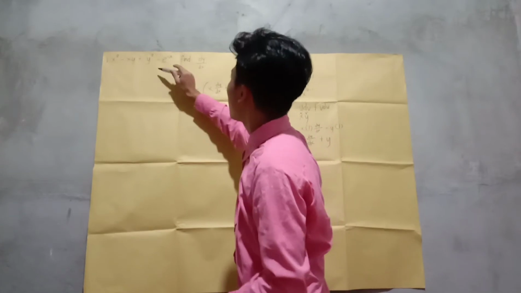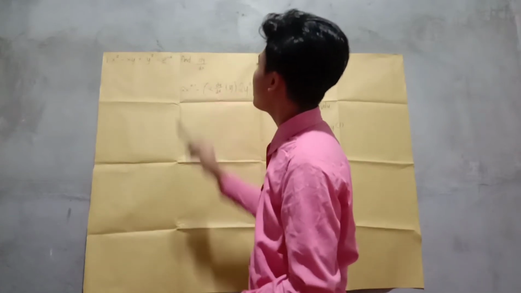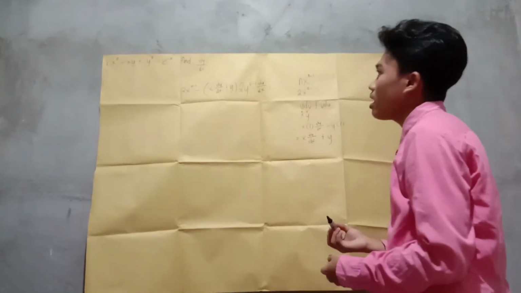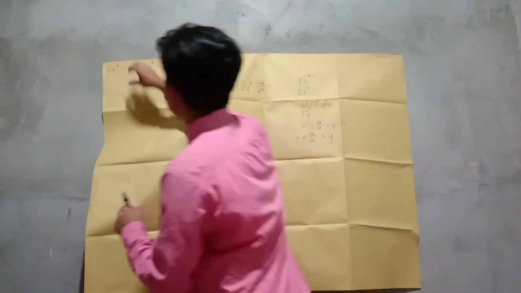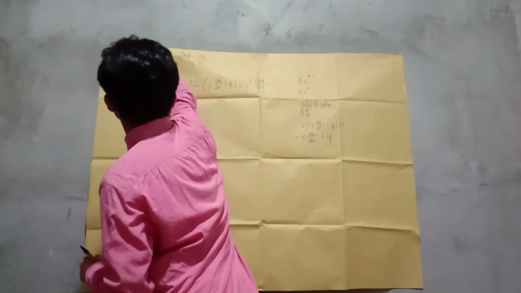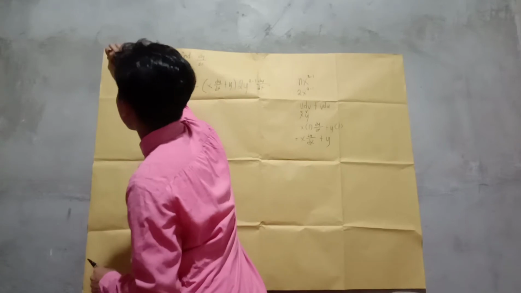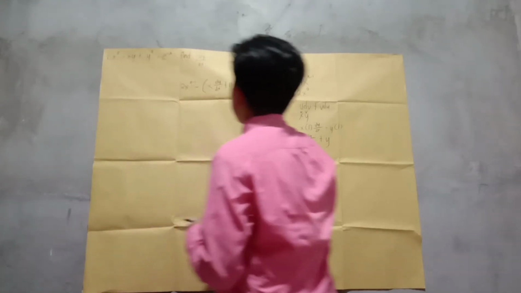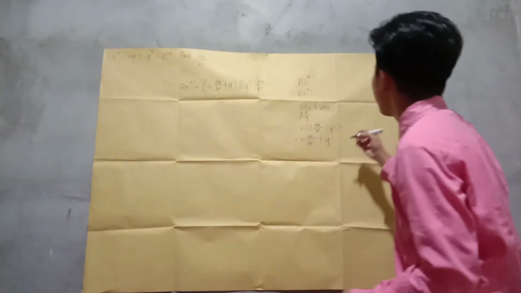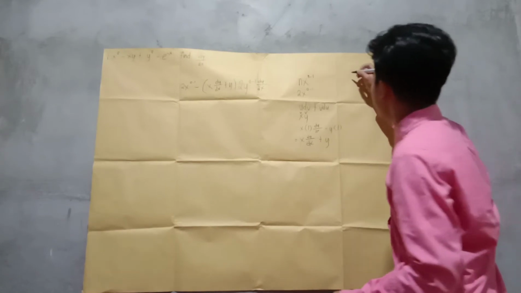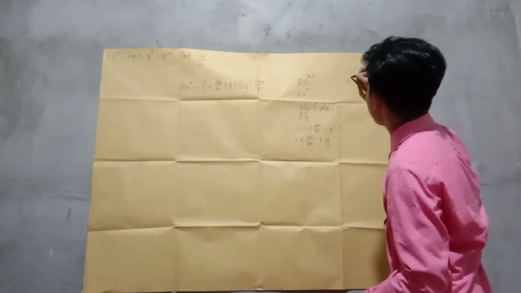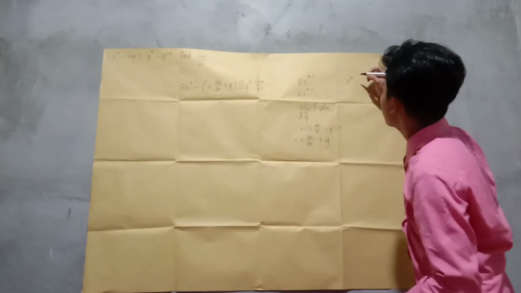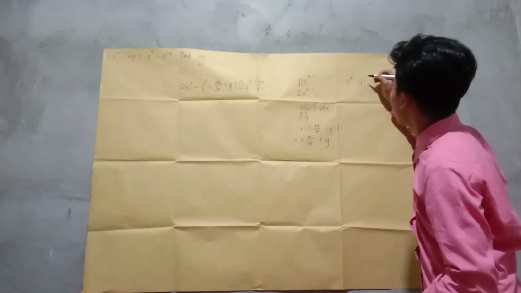The last one is e raised to negative x. I use the chain rule of the exponential function, which has the formula e raised to u times u prime.